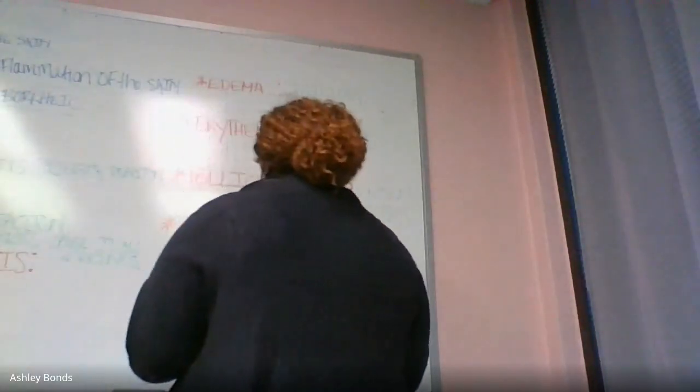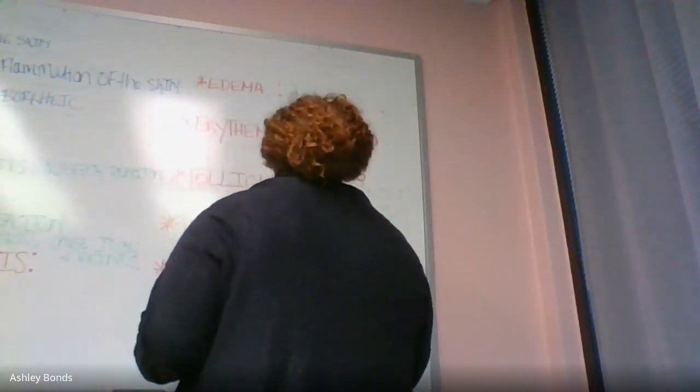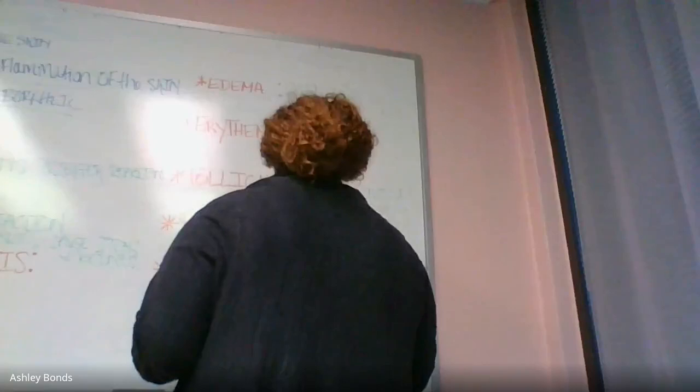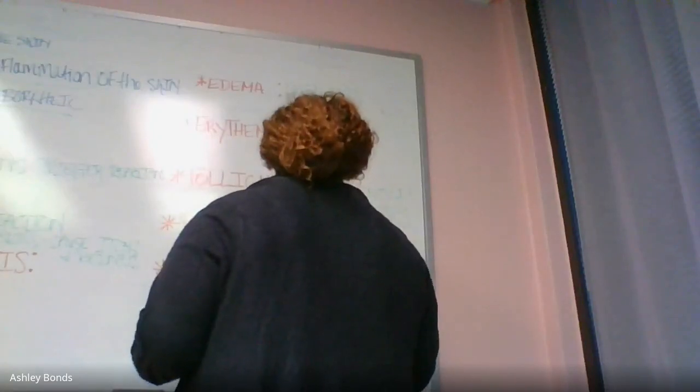Urticaria is going to be hives. This is an allergic reaction by the body's histamine production. So antihistamines, anti-inflammatories, all those things are receptors that we naturally have in the body. We can also take them topically or orally. So those are going to be inflammations of the skin.